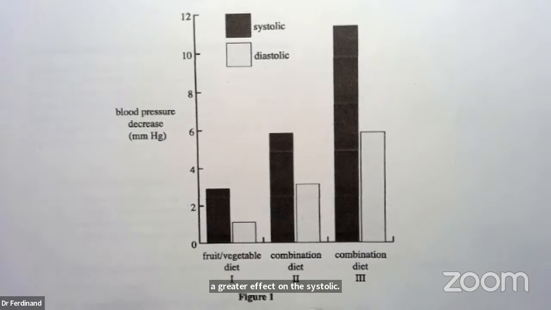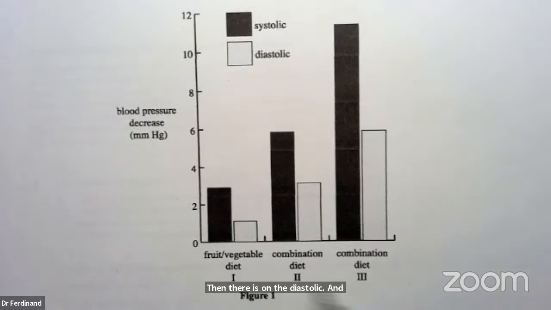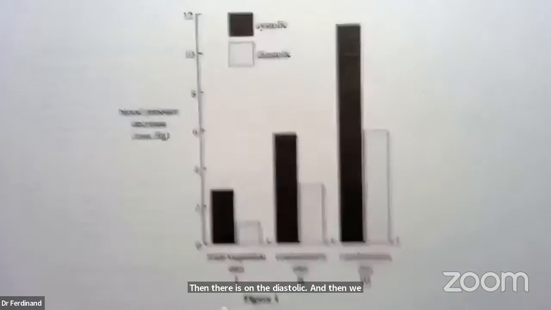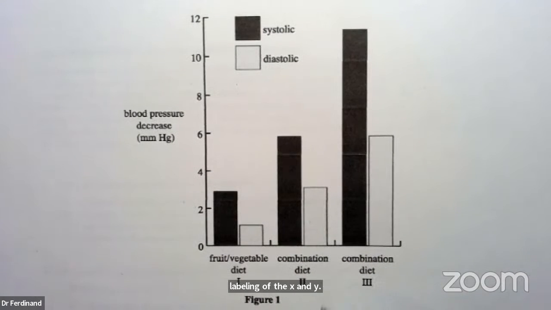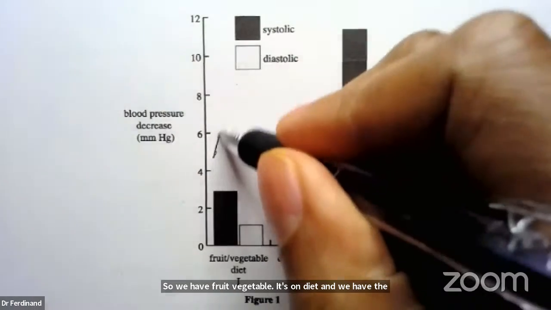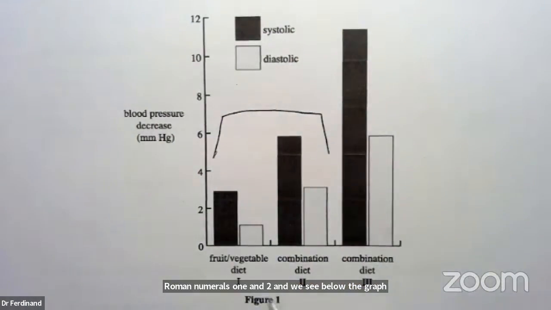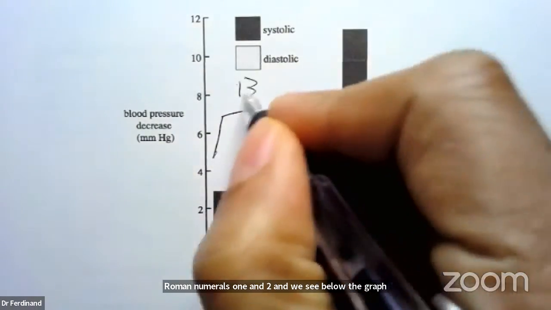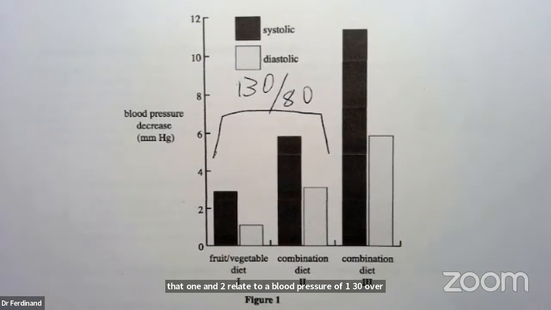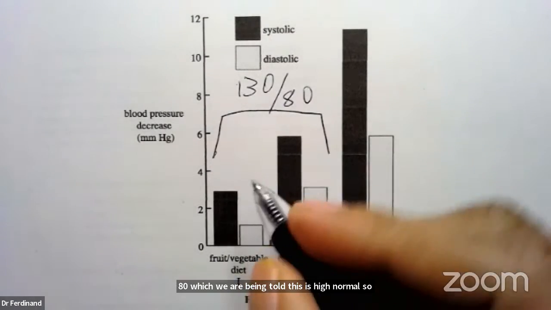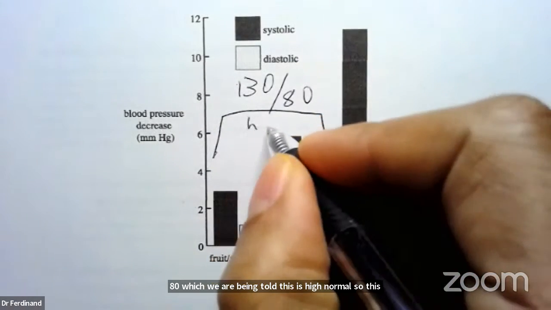And then we check the labeling of the X and Y. So we have fruit, vegetable, this and diet, and we have the Roman numerals 1 and 2, and we see below the graph that 1 and 2 relate to a blood pressure of 130/80, which we are told is high normal.